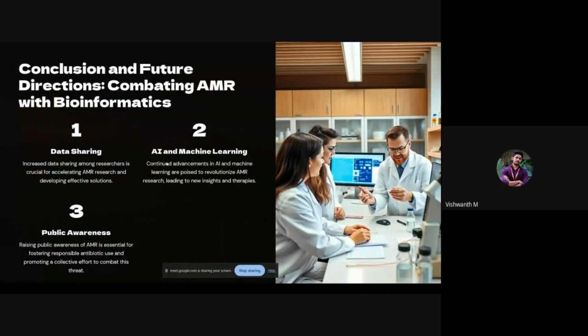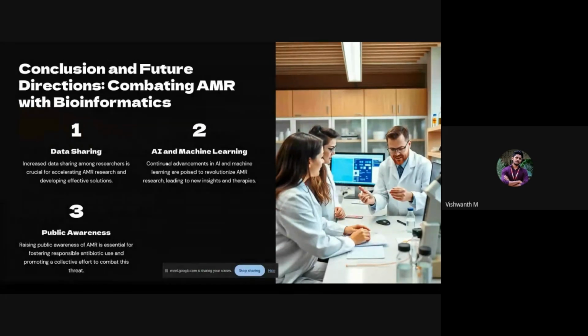So, concluding on antimicrobial resistance using bioinformatics, in conclusion, bioinformatics is reshaping AMR research to a greater extent. To tackle this global health crisis, and to win this fight against AMR, we need increased data sharing and collaboration.